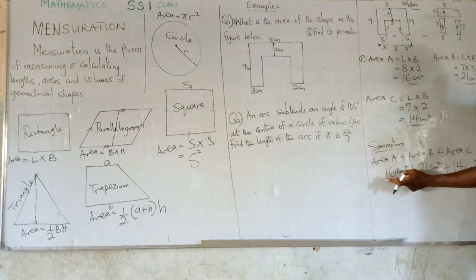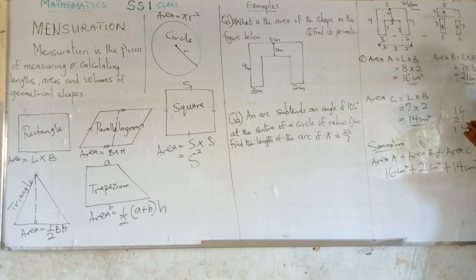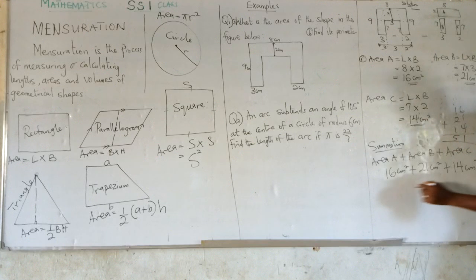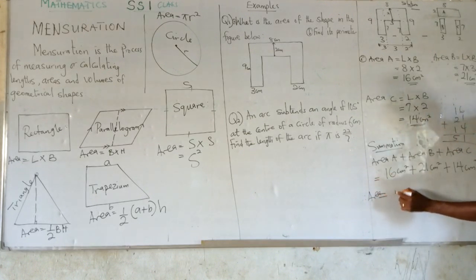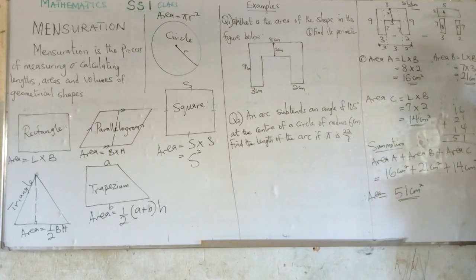Trying to bring this 16 plus 21, if you cannot do your summation easily, you can go this way: 6 plus 1 plus 4 will give you 11. Put down 1, carry 1. Then 1 plus 2 plus 1 is 4, plus 1 that you carried gives 5. So we have the total. Therefore, our area will now give us what? 51 centimeter squared. That gives us our area.